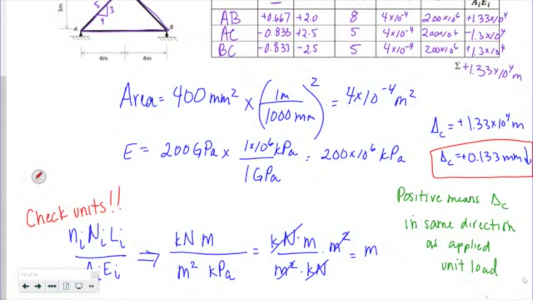Might also mean you did a math error somewhere. So that is how we apply the concept of virtual work to trusses to determine the displacement of their joints. Okay, thank you.